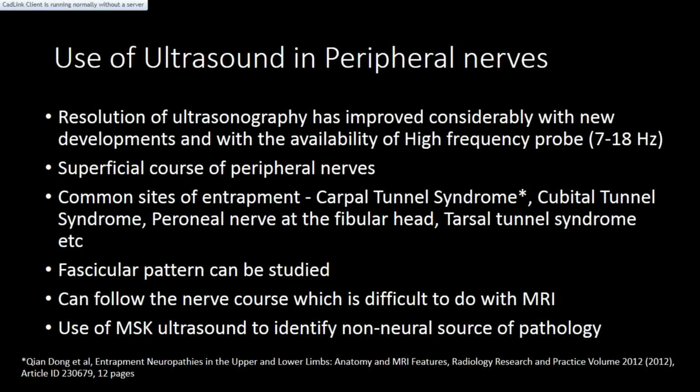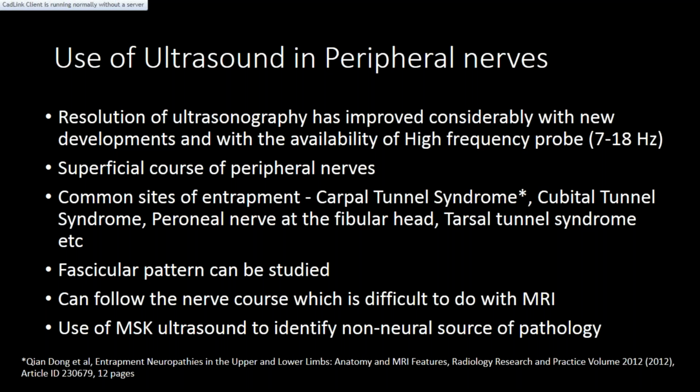The most common sites of entrapment are carpal tunnel, cubital tunnel, entrapment of peroneal nerve at fibular head, tarsal tunnel, and there are others, but the single most common entrapment syndrome in upper and lower extremity combined is carpal tunnel syndrome, and it is also one of the extensively studied entrapment syndromes of all.